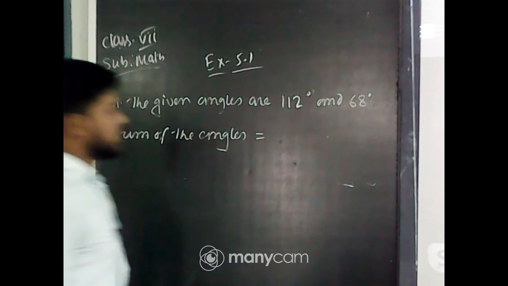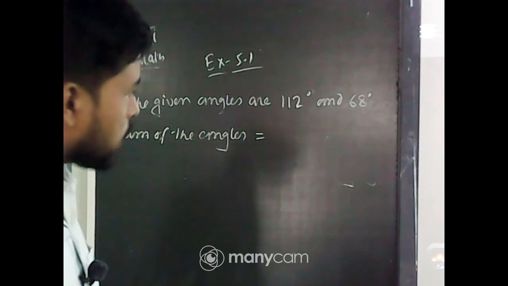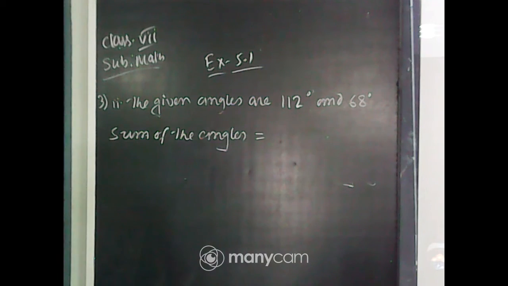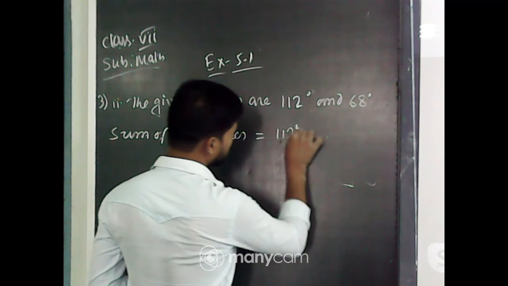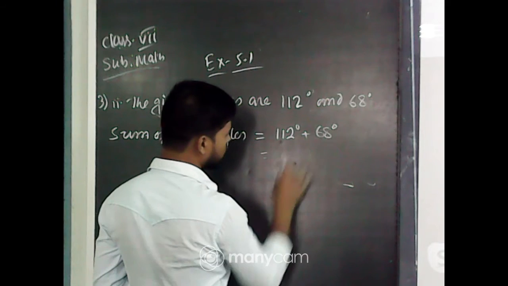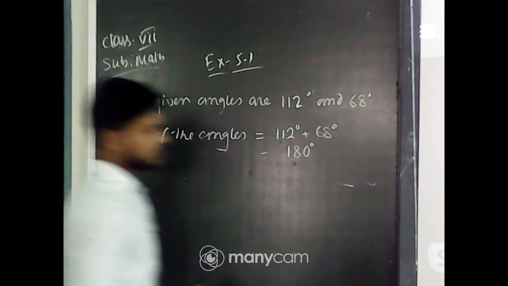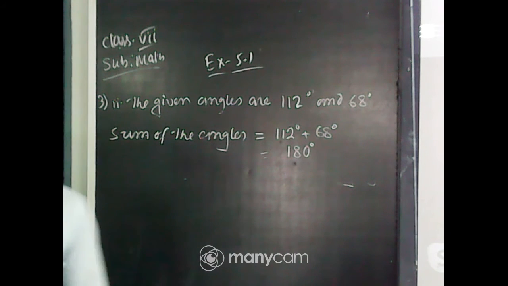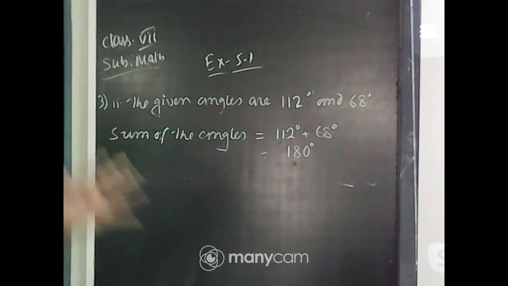We have to check whether the angles are supplementary angles or complementary angles. So we just find the sum of the angles: 112 degrees plus 68 degrees. If we add them, the result will be 180 degrees. Since the result is 180 degrees, the angles are supplementary angles. Yes, very good.